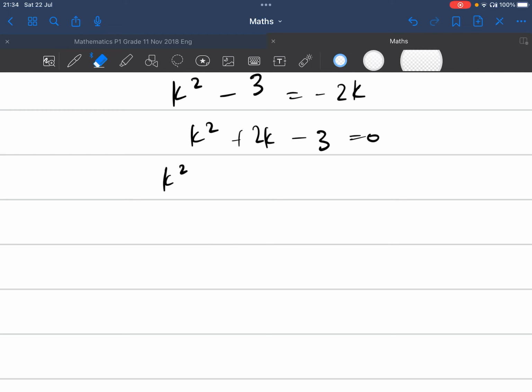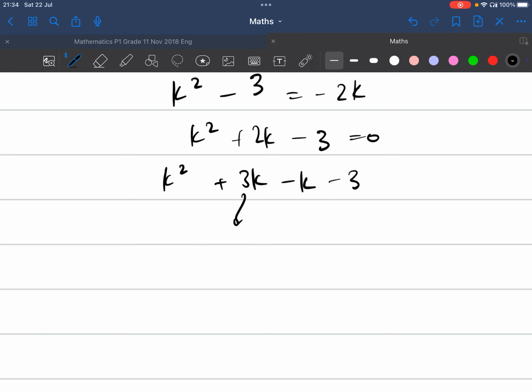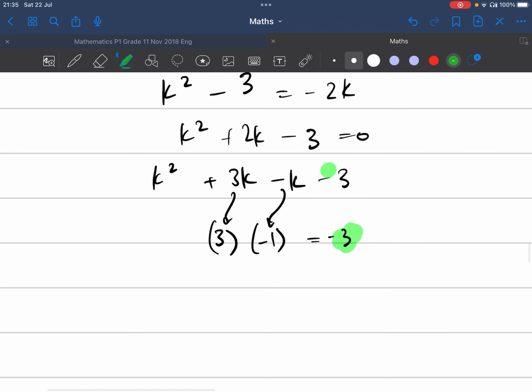So the only factors we can think of would be 3 and minus 1. If I take 3 and multiply it by minus 1, I'll get minus 3. And if I add 3 and minus 1, I'll get 2.